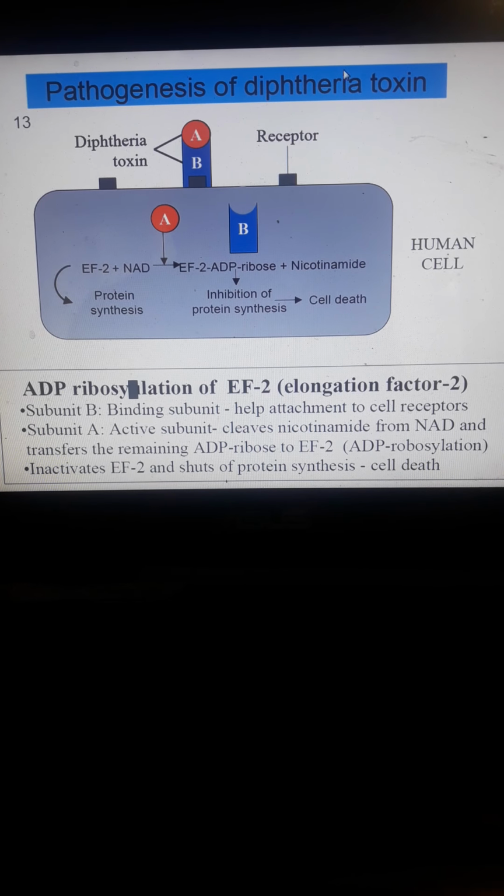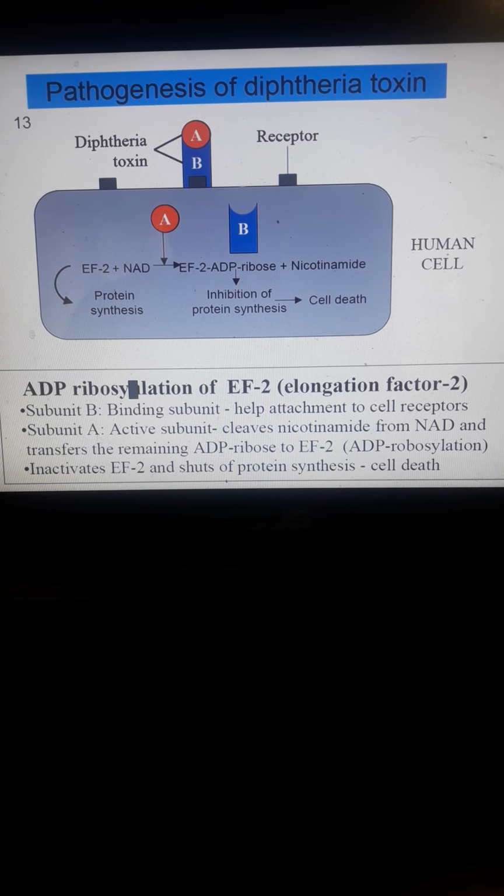So pathogenesis of diphtheria toxin. We have here fragment A and fragment B. Fragment B, the binding subunit, helps attachment to cell receptors and transport. ADP stands for adenosine diphosphate ribosylation of EF2, or elongation factor 2.